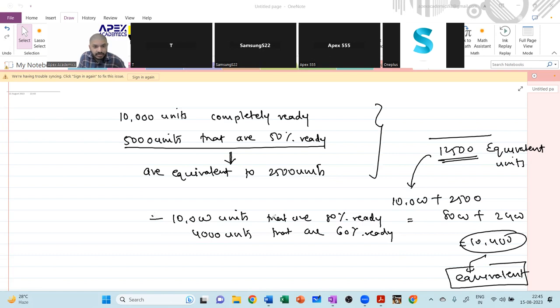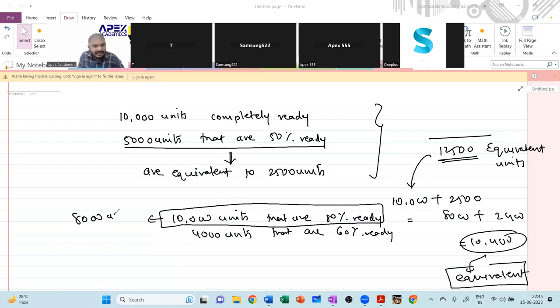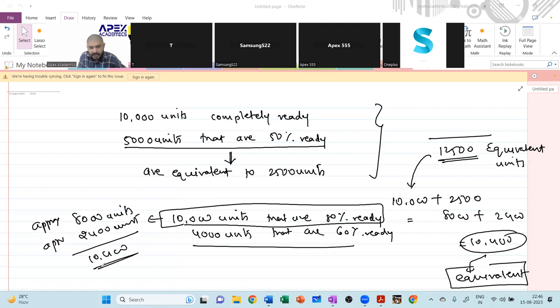So 10,000 units that are 80% ready is 8,000 units approximately. 4,000 units that are 60% ready is 2,400 units approximately. So these are 10,400 units approximately equivalent, not necessarily equal to.